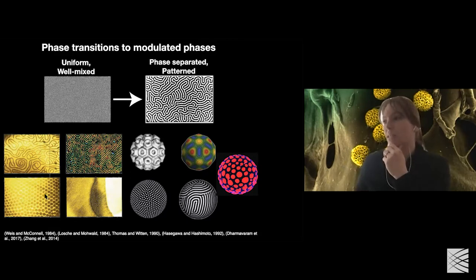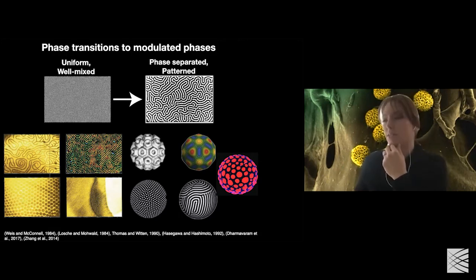You also can see it recently in the literature through 3 different systems. The first is to describe the phase transition process of viral capsid assembly. So it's argued that all of these proteins that are found on the surfaces of viruses actually go through a phase transition process to form the final form. And a very similar theory of phase transitions to modulated phases is applied to this system.